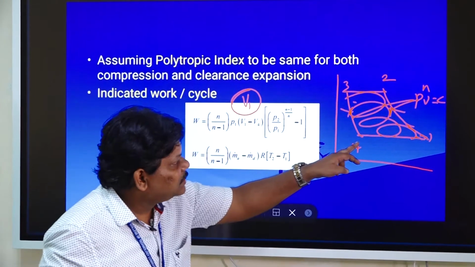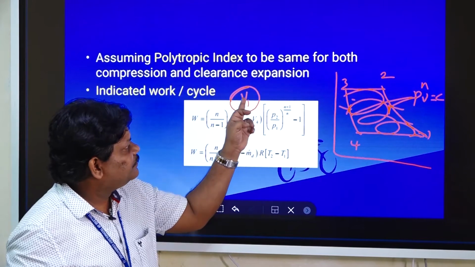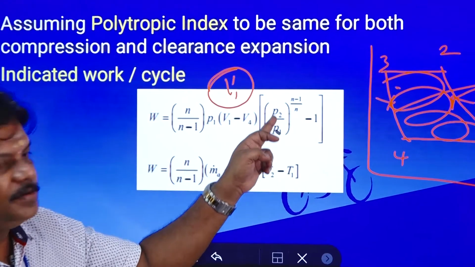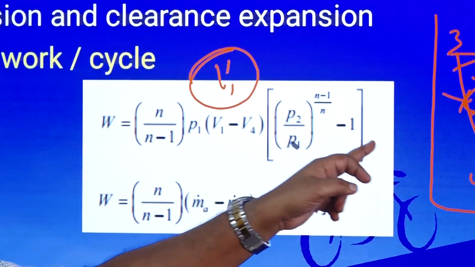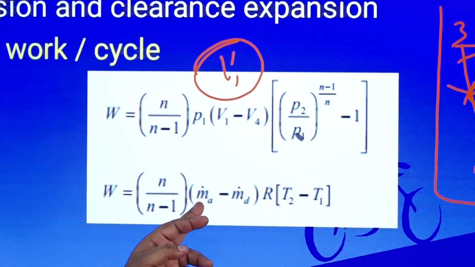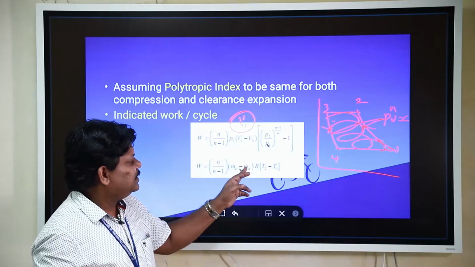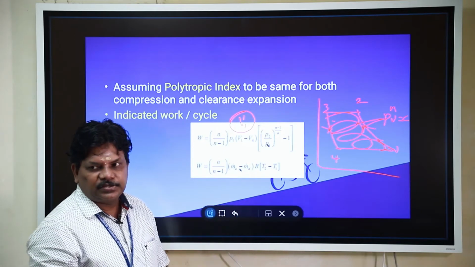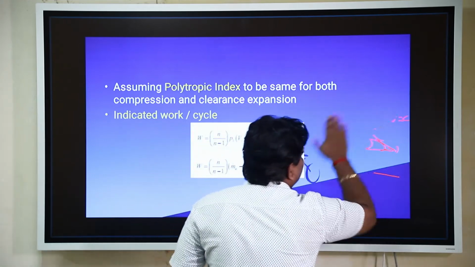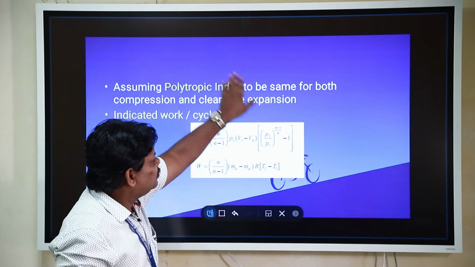It is the effective swept volume, the difference between V1 and V4. So instead of V1 you substitute V1 minus V4, into (P2 by P1) to the power (n minus 1) by n, minus 1. When you simplify this, you get n by n minus 1 times m R T, using PV equals mRT, the same concept. So using the gas equation, you substitute the value and find the indicated work per cycle. This is the formula for indicated work per cycle.